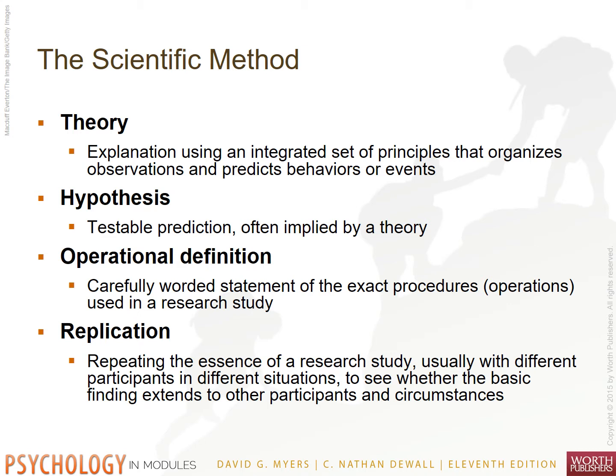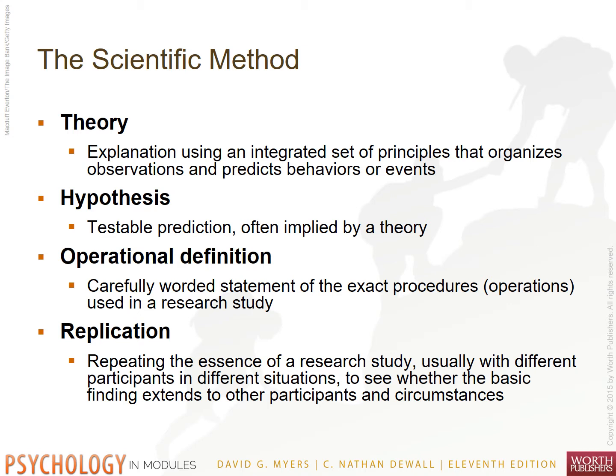So maybe the sample, the group of people you used in your study, are different from the general population. They're not representative of the general population. Maybe you just have a bunch of oddballs in your research study, and they don't represent the true population, the group of people you're interested in studying. That's possible. So you want to replicate so you're more confident that your results hold across different subjects or different participants.